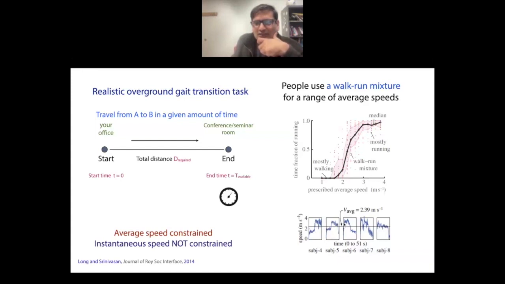This person started out running and then walks the rest of the way. This person does something more complicated, where they run for a while and then walk for a while, but their speed kind of decreases over time. This person just ran all the way, essentially jogged all the way at the right speed, I suppose. But most people walk for a while and run for a while. Can we explain that using energy optimality?